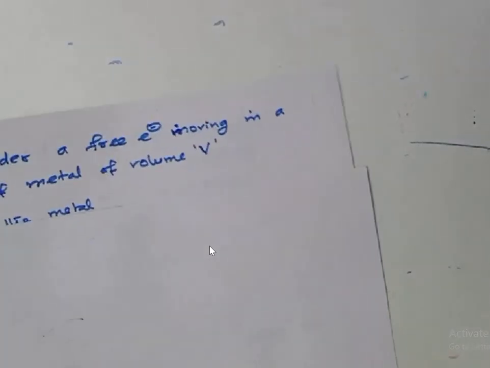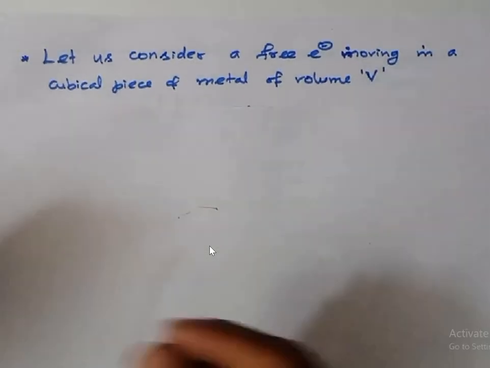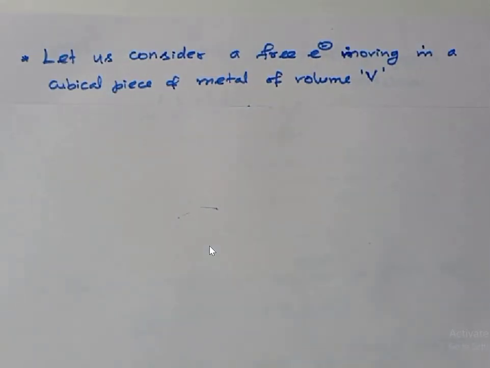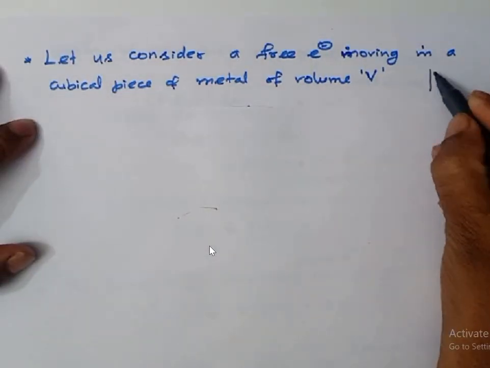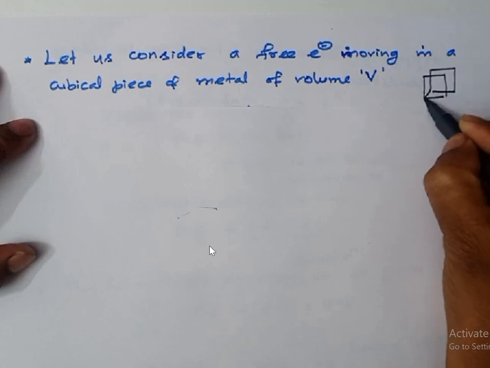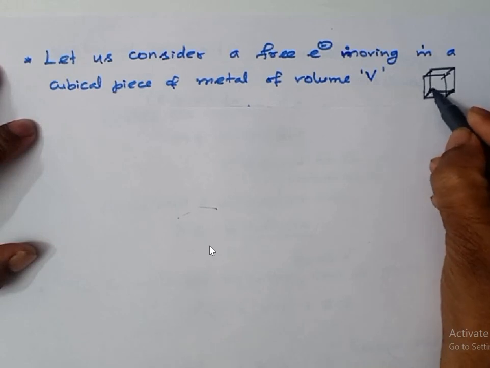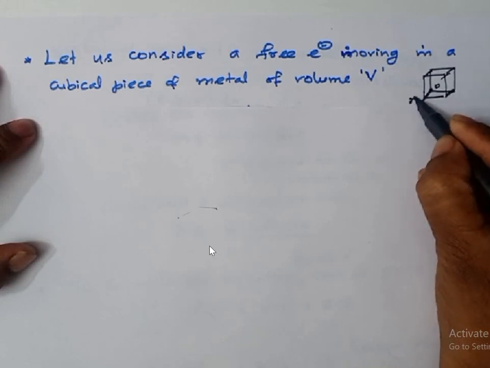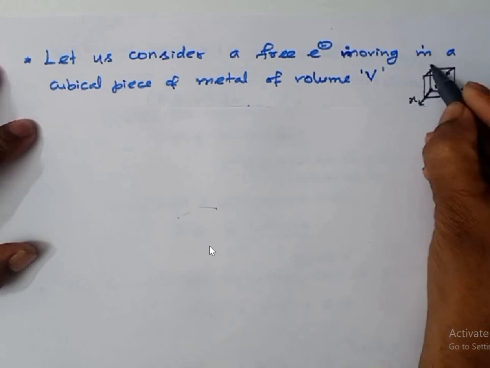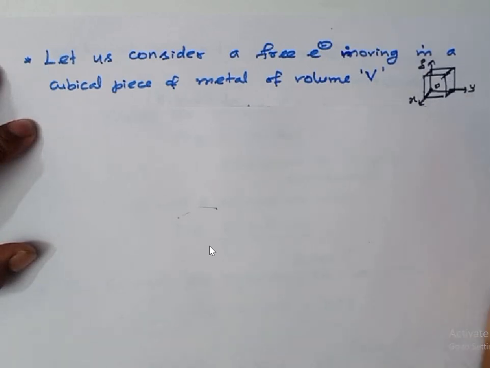Now, let us consider a free electron moving in a cubical piece of metal. I'll take a cubical piece of metal. Let us take this corner as origin. You take this as the x-axis, this as y, and this as the z-axis. So the electron is moving freely inside the metal.